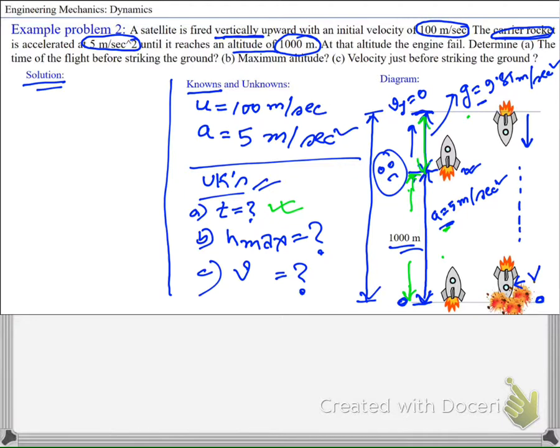So we'll consider up to the 1,000 meter distance first.